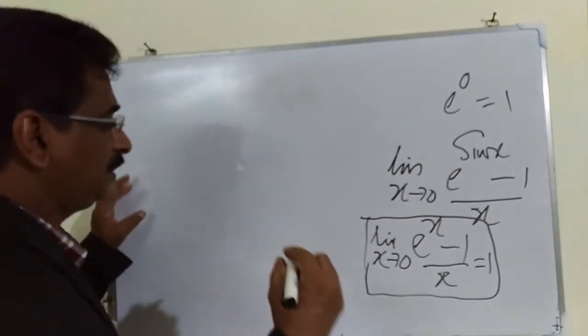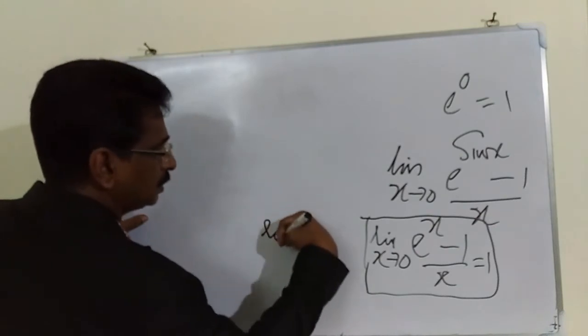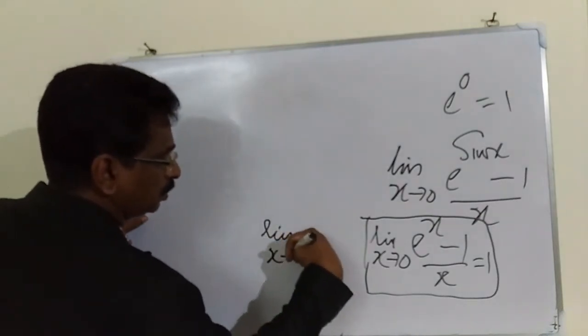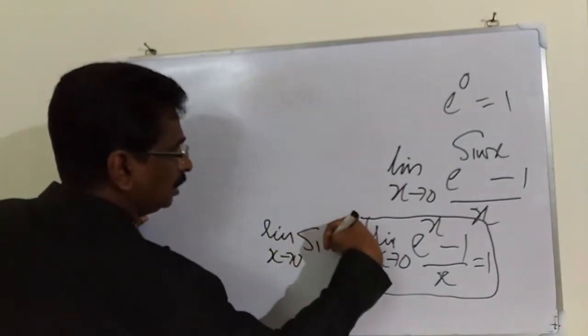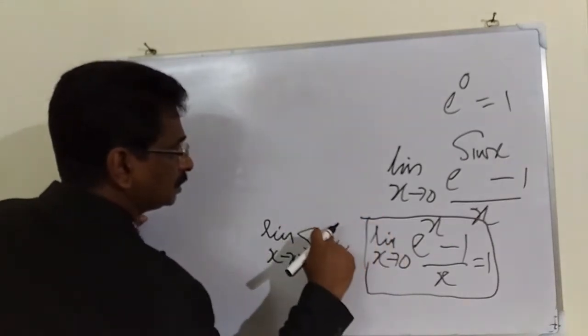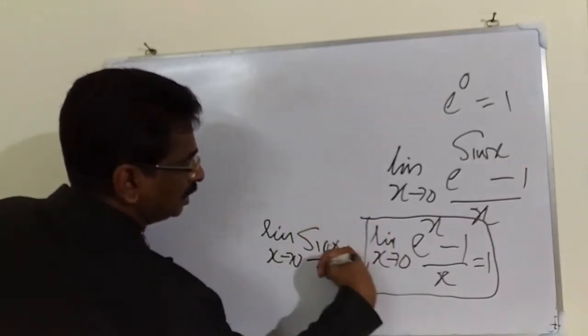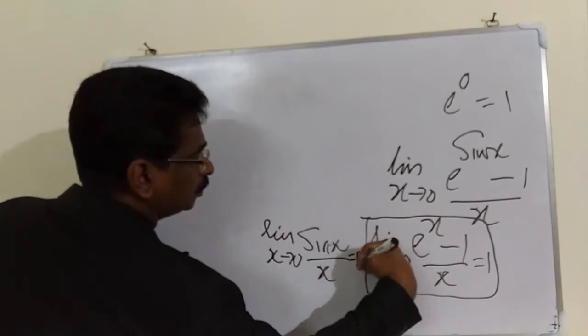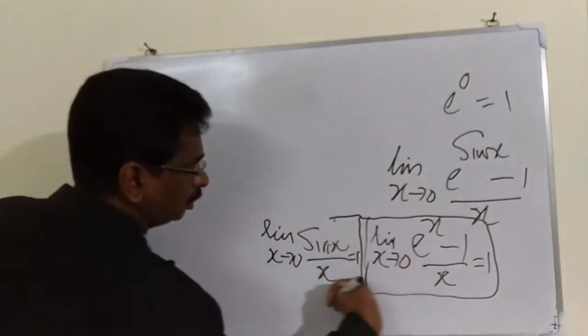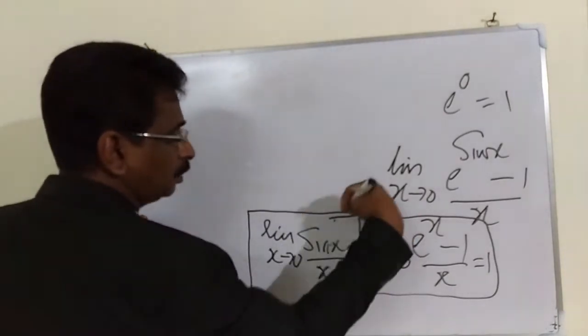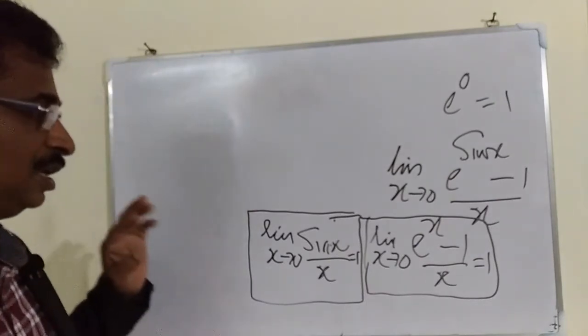The second result we want is limit x tends to 0 of sin x by x is also equal to 1. So, you have to learn these two results by heart. We need these results again and again.